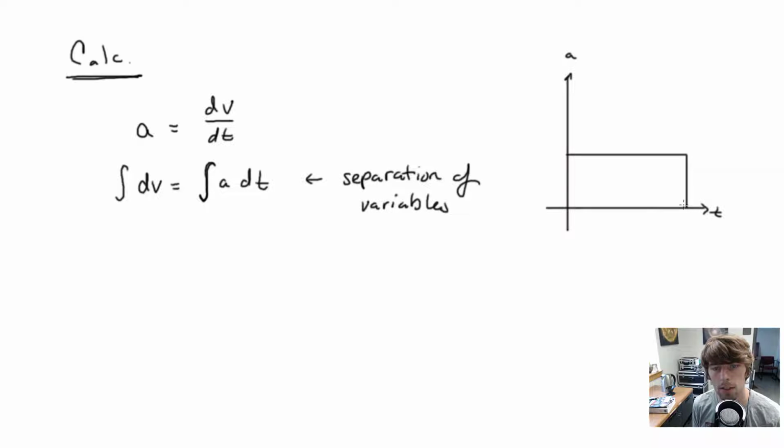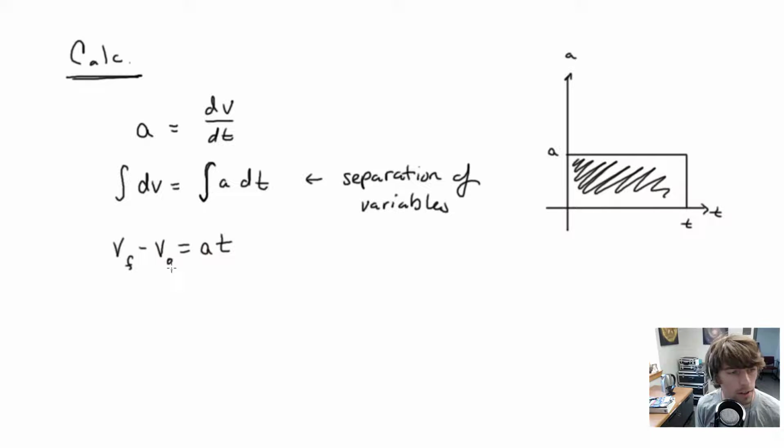And if this acceleration's a and the time is t, you know how to find the area of that rectangle. This is just simply a times t. Over here, you know that this should give you the change in speed. And you're good to go. This is one of the kinematic equations, of course.